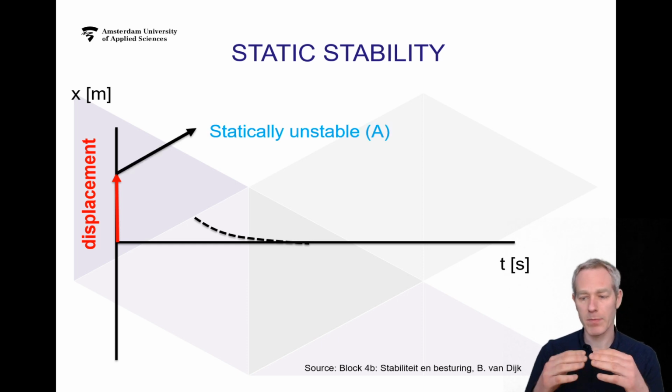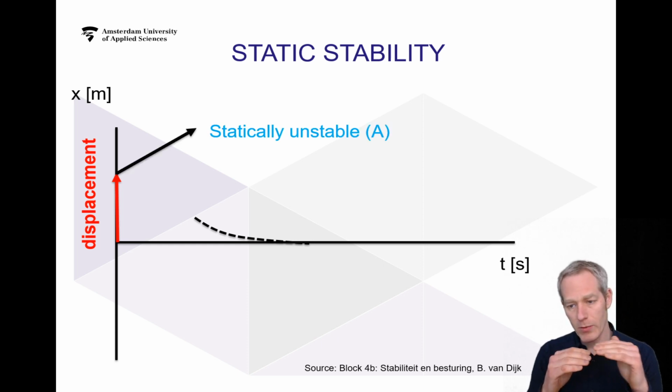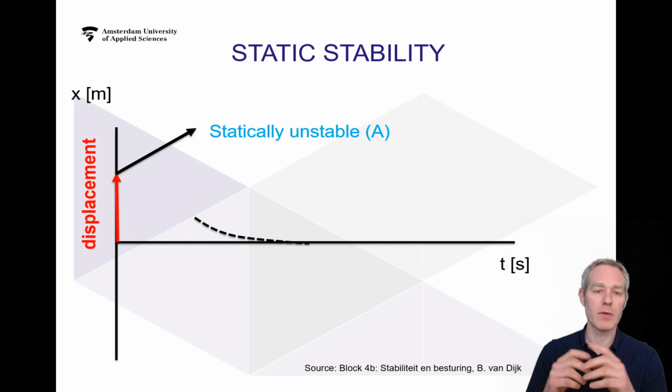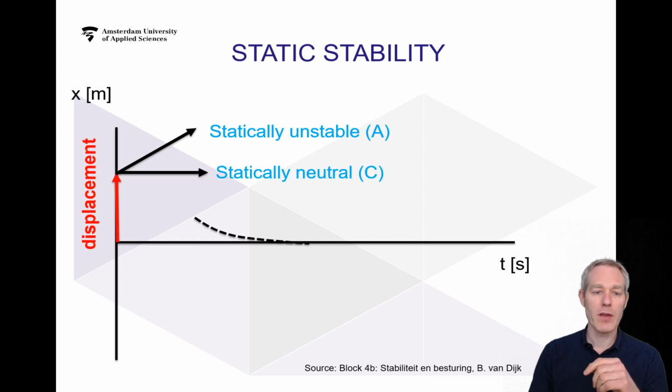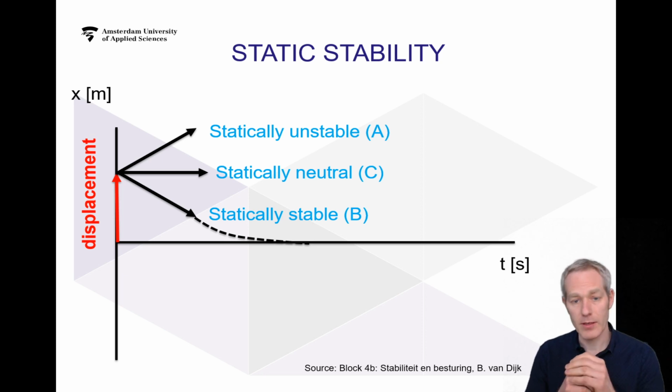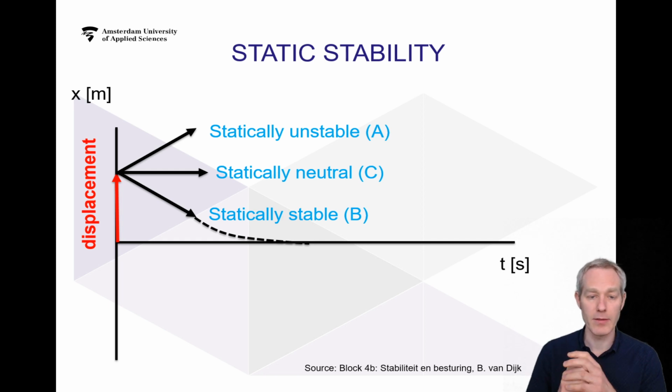We have displaced this system from its equilibrium position of 0 up a bit. If it continues to go upward in time, it's statically unstable. If it stays where it is, statically neutral. And if it returns back to the t-axis, it's called statically stable.